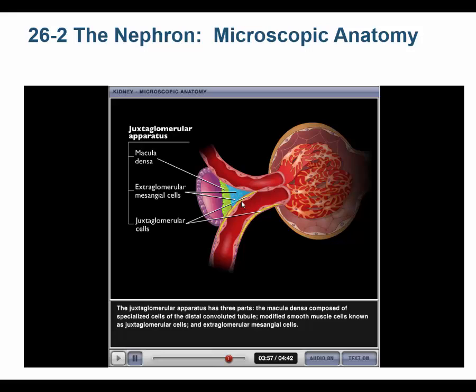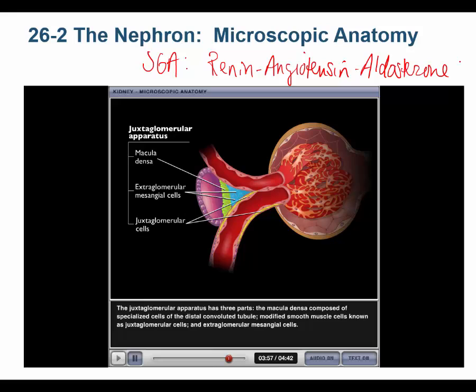And the JGA, the juxtaglomerular apparatus, is going to be involved in the renin-angiotensin-aldosterone system. So the JGA is going to be the beginning of what we call the renin-angiotensin-aldosterone system. We abbreviate that RAS.